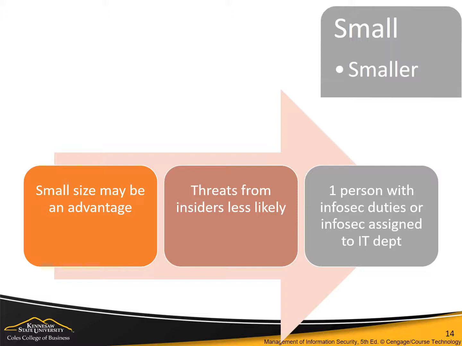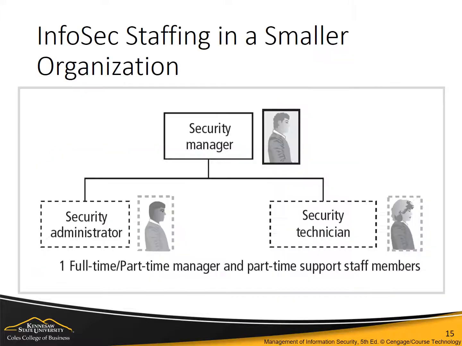Smaller organizations typically either have one individual who has full-time duties in InfoSec, or more likely, one individual who manages or conducts InfoSec duties in addition to those of other functional areas, most likely IT, possibly with one or two assistants. You can see in this graphic an example of an organizational chart for a small organization.